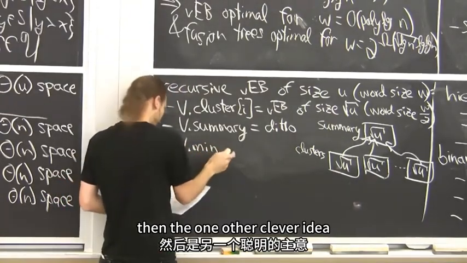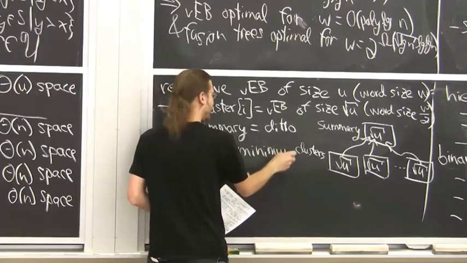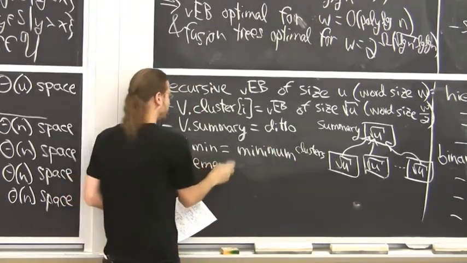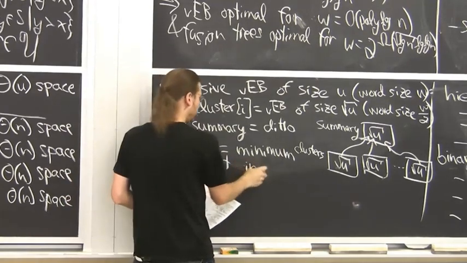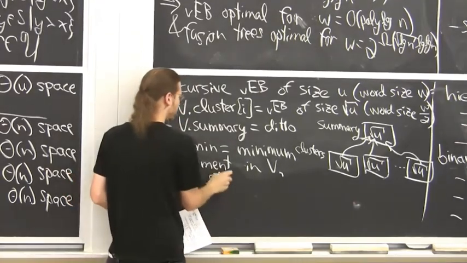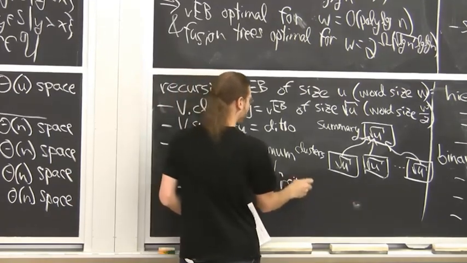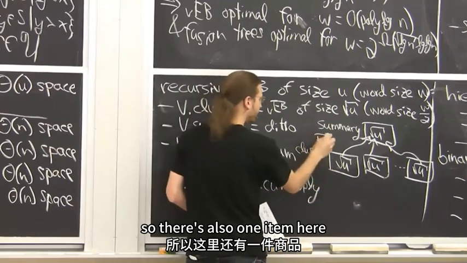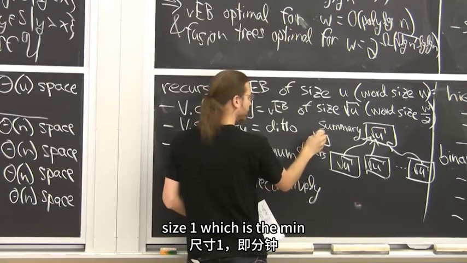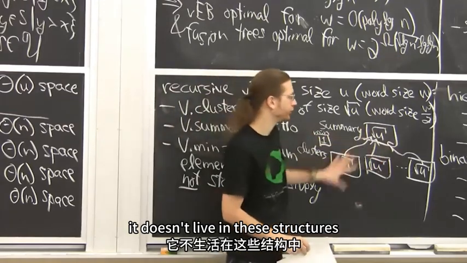Then the one other clever idea, which makes all of this work, is that we store the minimum element in v.min, and we do not store it recursively. So there's also one item here, size 1, which is the min. It's just stored off to the side. It doesn't live in these structures.